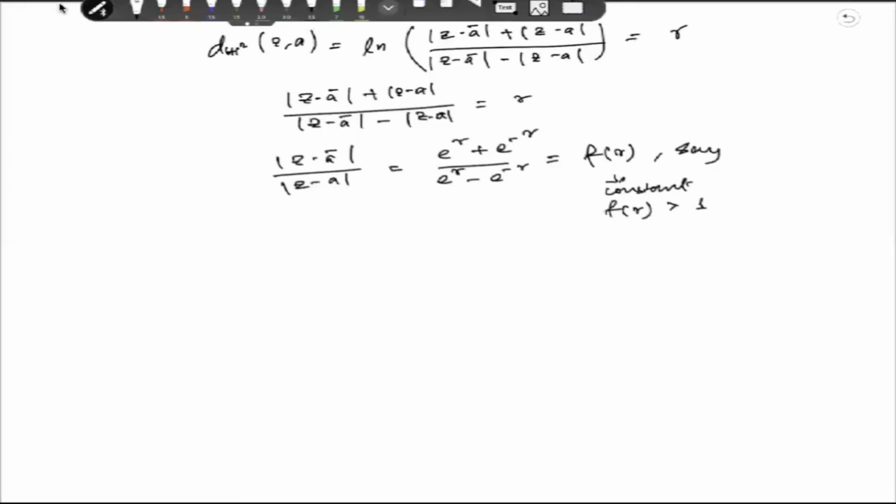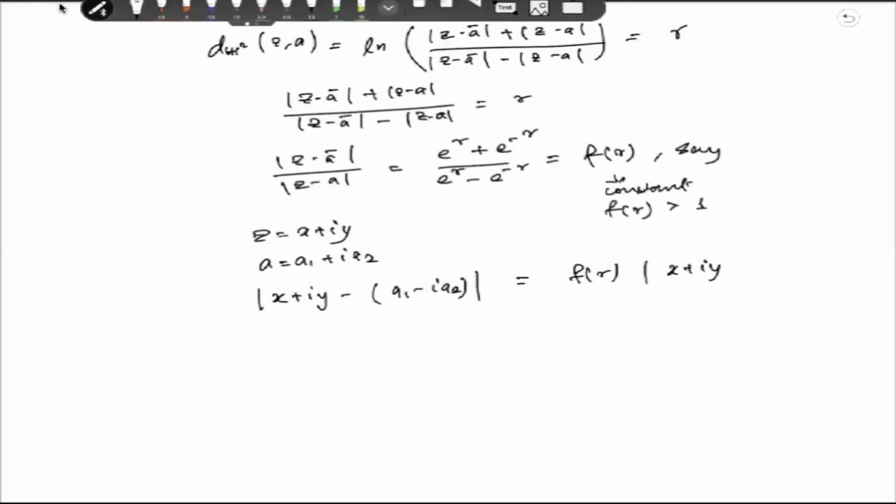Now let us take z equal to x plus iy and a equal to a1 plus i a2. From the above equation we get |x plus iy minus a1 plus i a2| is equal to f(r) times |x plus iy minus a1 minus i a2|. Now we can square both sides.